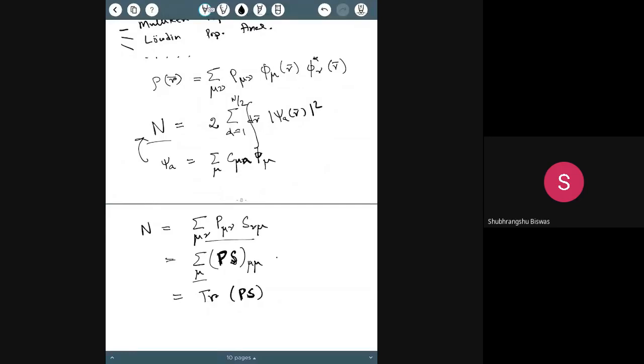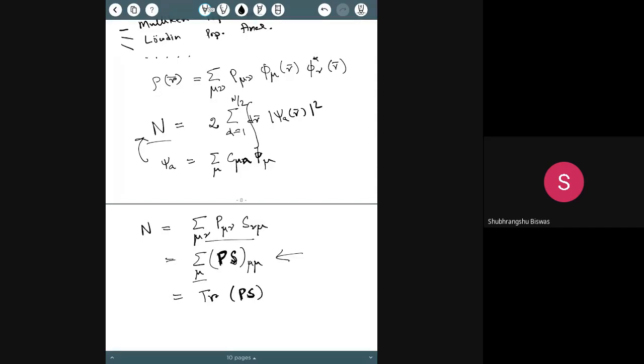Then if you look at the expression here, for every atomic orbital mu, or phi mu, you can have a fraction of the electrons belonging to it.